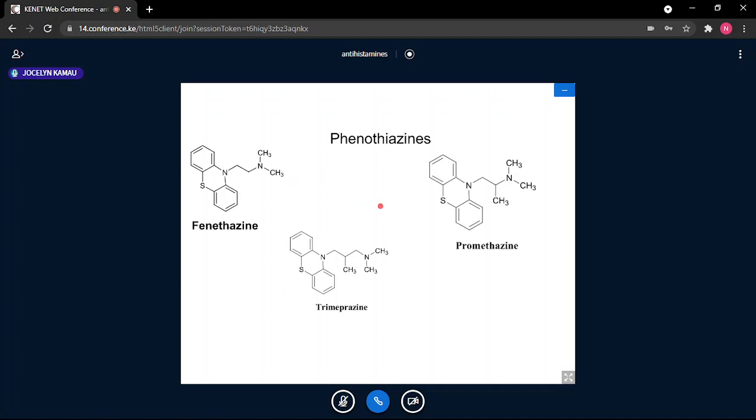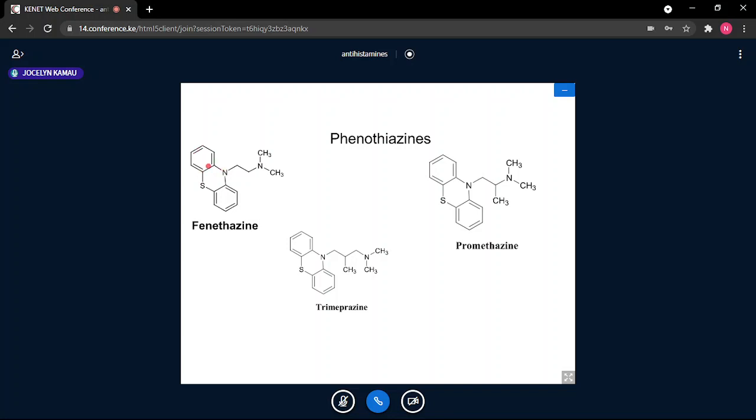So I want to first of all look at the structures of the phenothiazines. The first member was phenethazine. If you look at phenethazine, as we have seen, you can see it's a derivative. This is a phenyl ring, that's a phenyl ring, that's a nitrogen. So you can see it has structural similarity with the ethylene diamines, where there is a nitrogen and 1, 2 carbons.